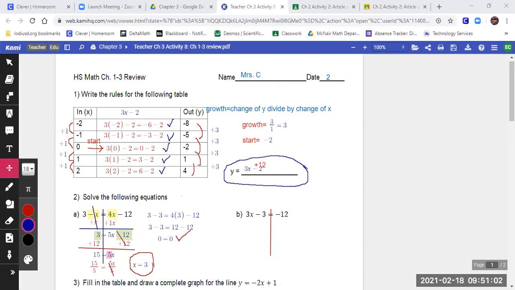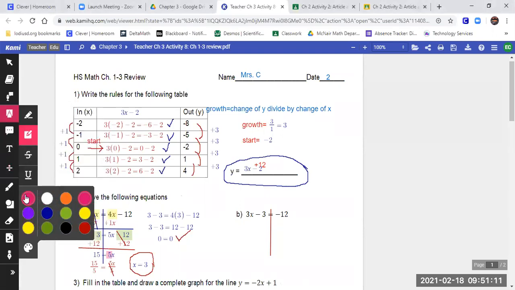Unless I have a letter on both sides, I don't have to worry about the letters. I can go straight for the numbers. So let's go get our numbers.